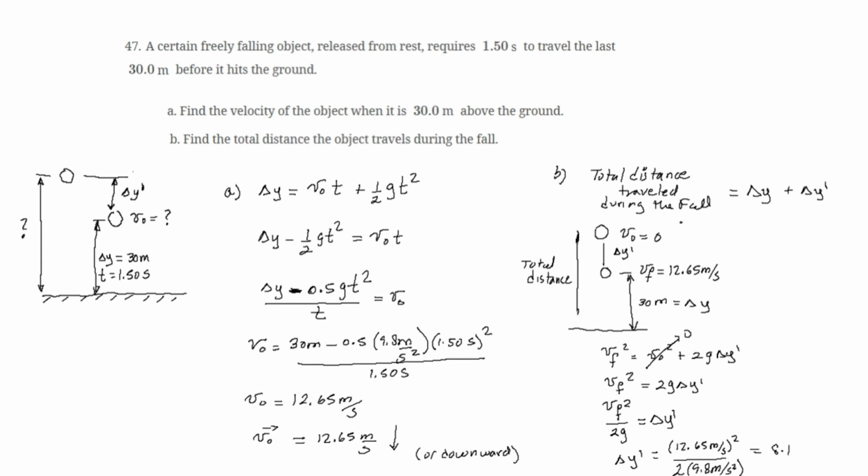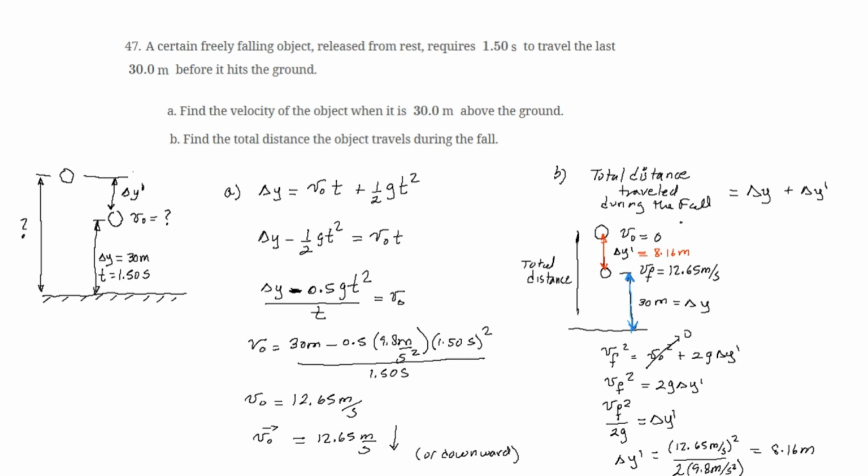So my delta y prime is 8.60 meters. So now I know that this value over here, 8.60 meters, is the distance from the point where the object was released to when it was 30 meters above the ground. But there is also this distance, right? It's just the 30 meters above the ground.